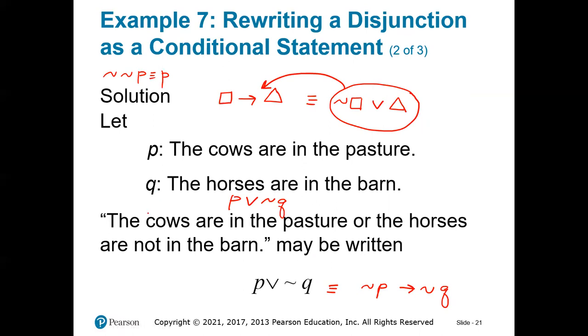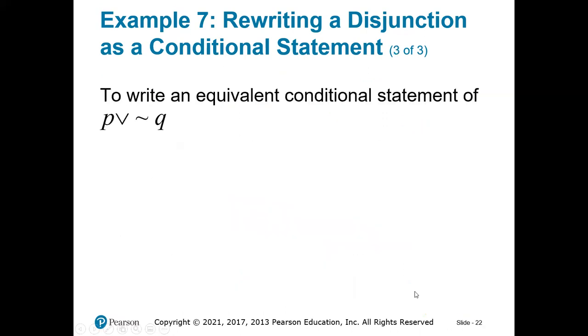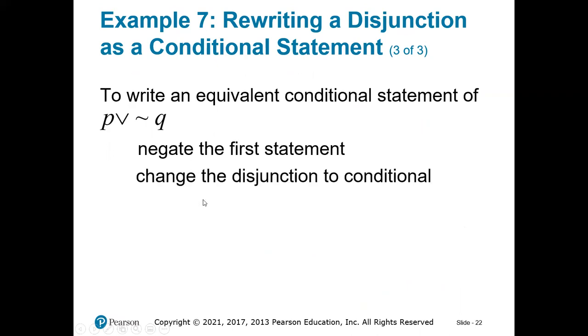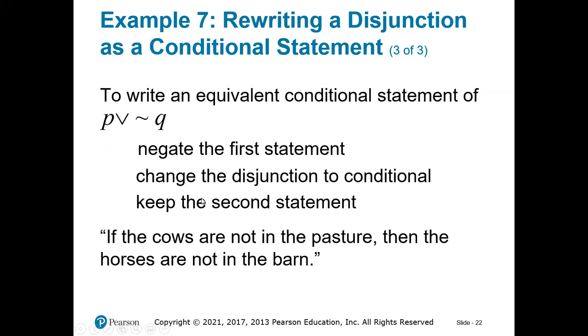Look at this, like my rectangle here and this is my triangle. A rectangle arrow triangle is the same thing as the negation of the rectangle or whatever you have inside the triangle. So to write an equivalent statement of P or the negation of Q, negate the first statement, change the disjunction to conditional, and keep the second statement as it is. Therefore, if the cows are not in the pasture, then the horses are not in the barn is equivalent to the negation of P arrow negation of Q.